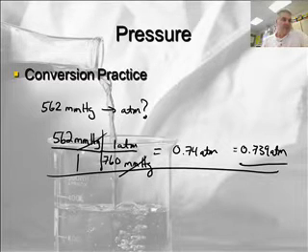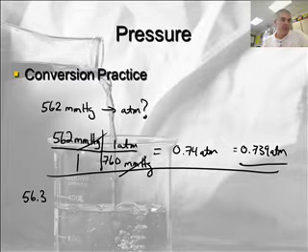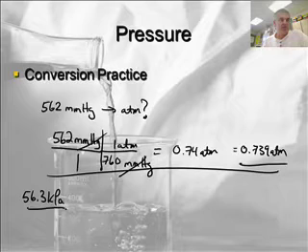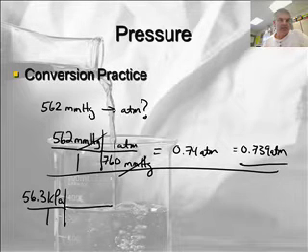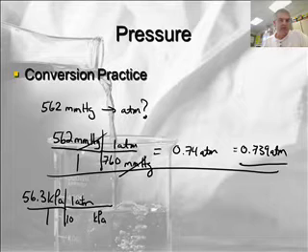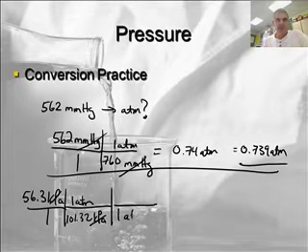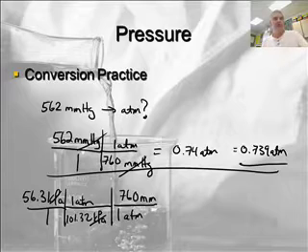All right, let's see if we can do one other one. Let's say that I've got 56.3 kPa, kilopascals, and I want to convert that to atmospheres. I can then say kPa to ATMs, and that's ATM, not AM, 101.32 kilopascals to 1 ATM, and I can say 1 ATM is 760 millimeters of mercury.